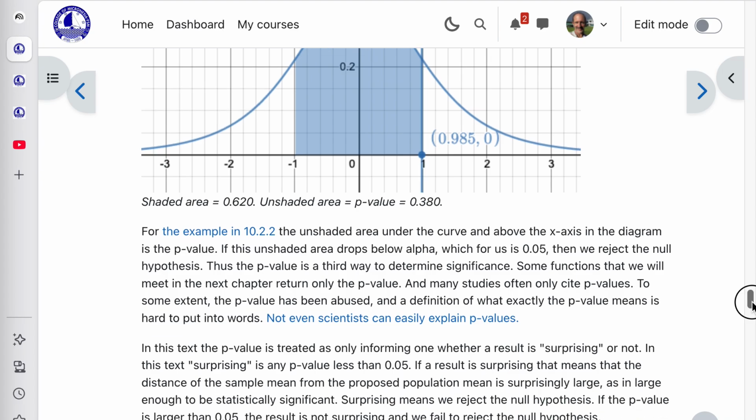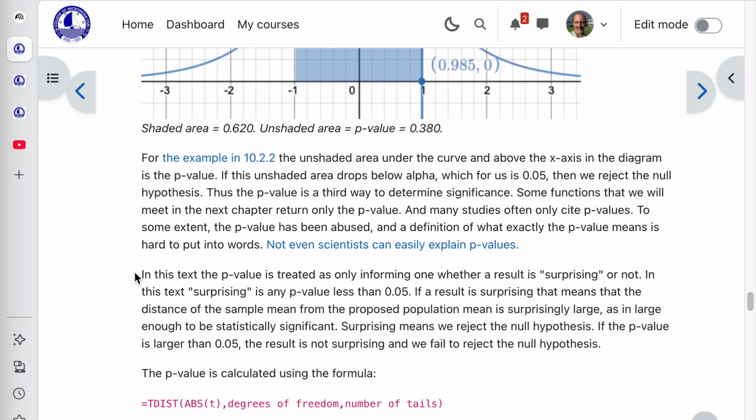We'll set that aside. The modern interpretation of the p-value is only to inform one whether a result is surprising or not, and that is surprising less than a predetermined value. A value often referred to as alpha, but is your risk of a type 1 error.